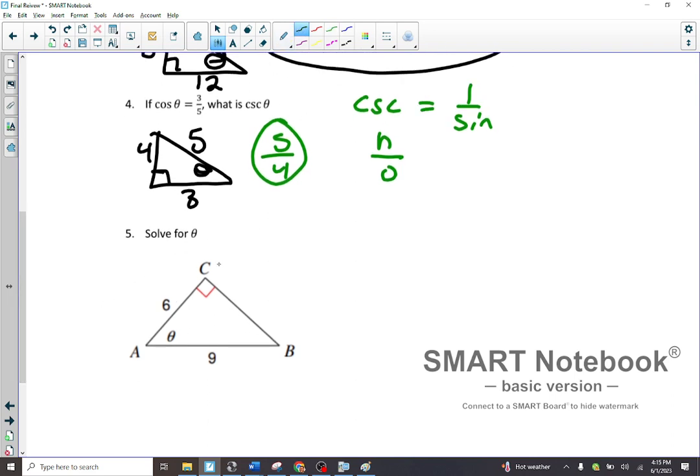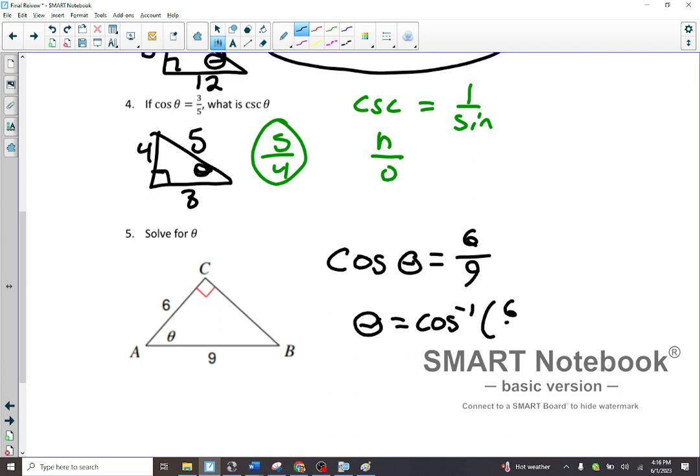Next one, solve for theta. For this one, I have an adjacent and I have a hypotenuse. So it's cosine theta equals adjacent 6 over hypotenuse 9. So theta equals cosine inverse of 6 over 9.